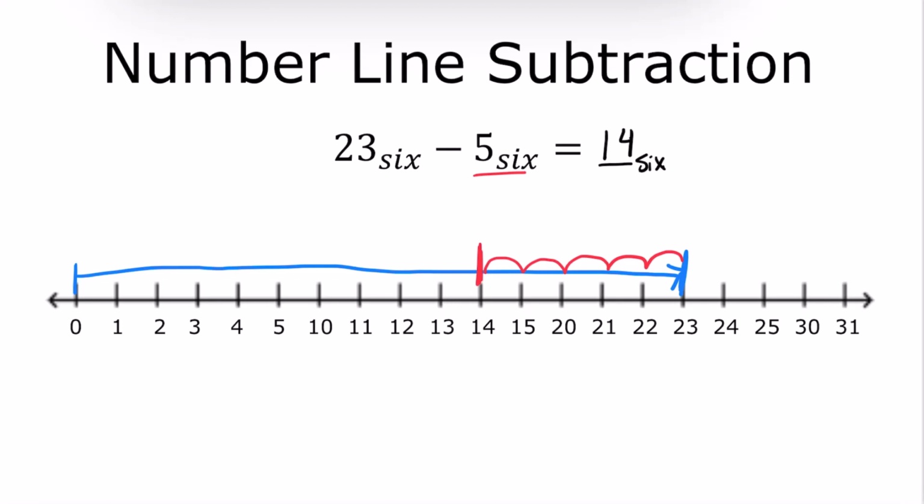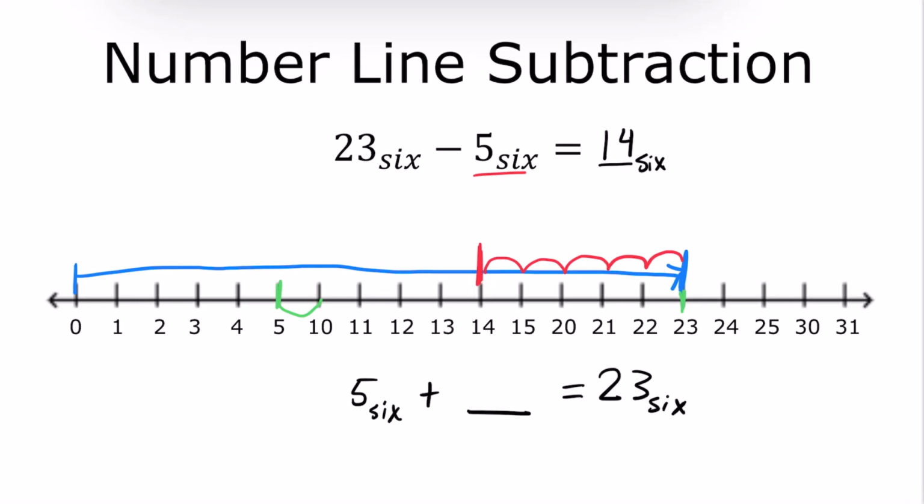Another way you could think about this problem is to use the missing addend approach. You could say, okay, 5 base 6 plus what is going to equal 23 base 6? If you were thinking about it that way, to get from 5 up to 23, I would need to add 1 unit to get to the 10 mark, or the 6 mark.